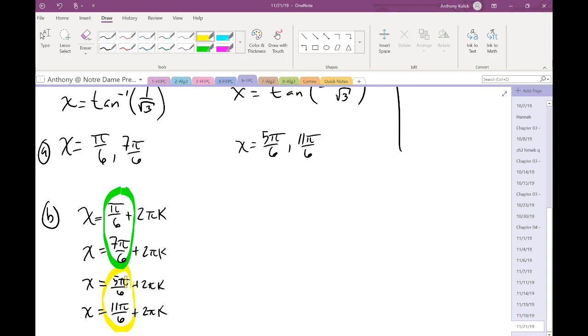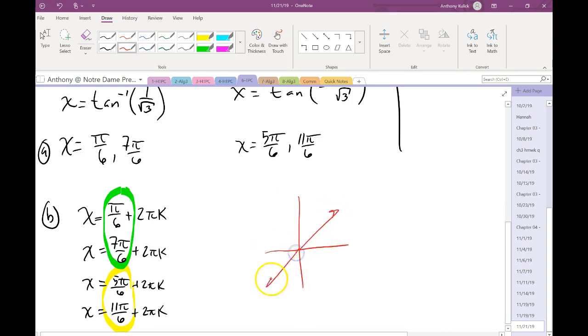If I do 7 pi over 6 minus 1 pi over 6, I get 6 pi over 6, which is just 1 pi. So what this looks like on the unit circle is one answer here and one answer here, so this distance is pi. So how far is this distance going to be? Also has to be pi, right?